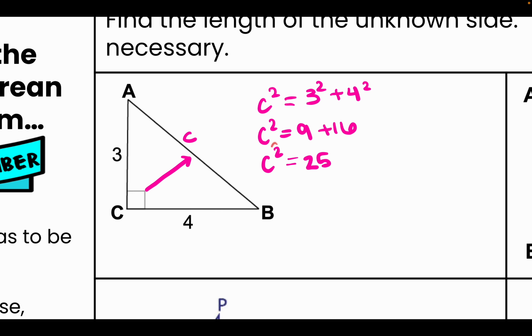Now to undo a squared, we use the square root. Square root of 25 is just 5. So we don't have to round with this one. It gives us a nice even number. So this side length of AB is 5.